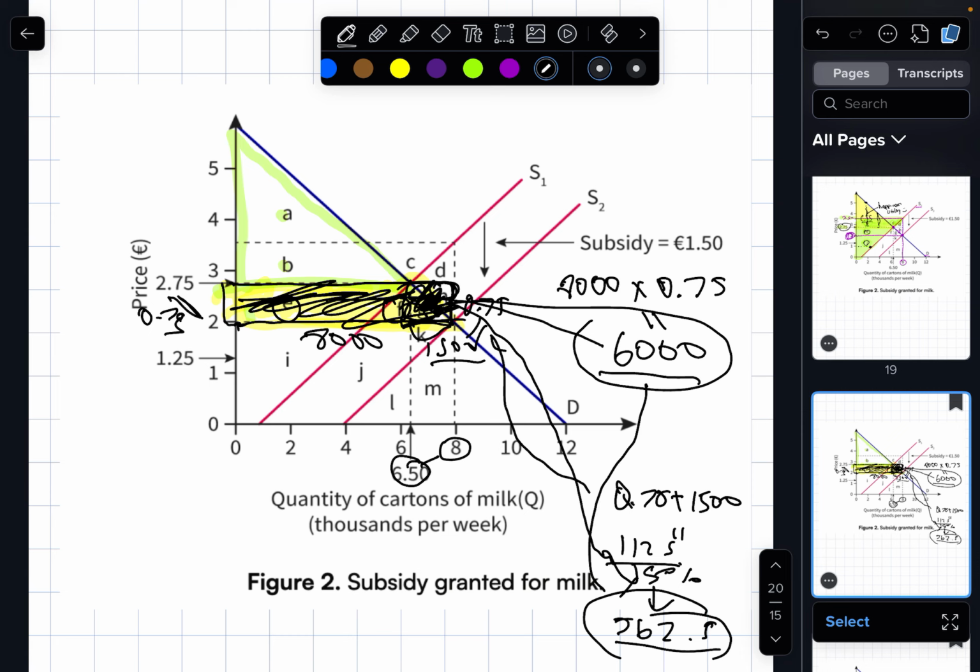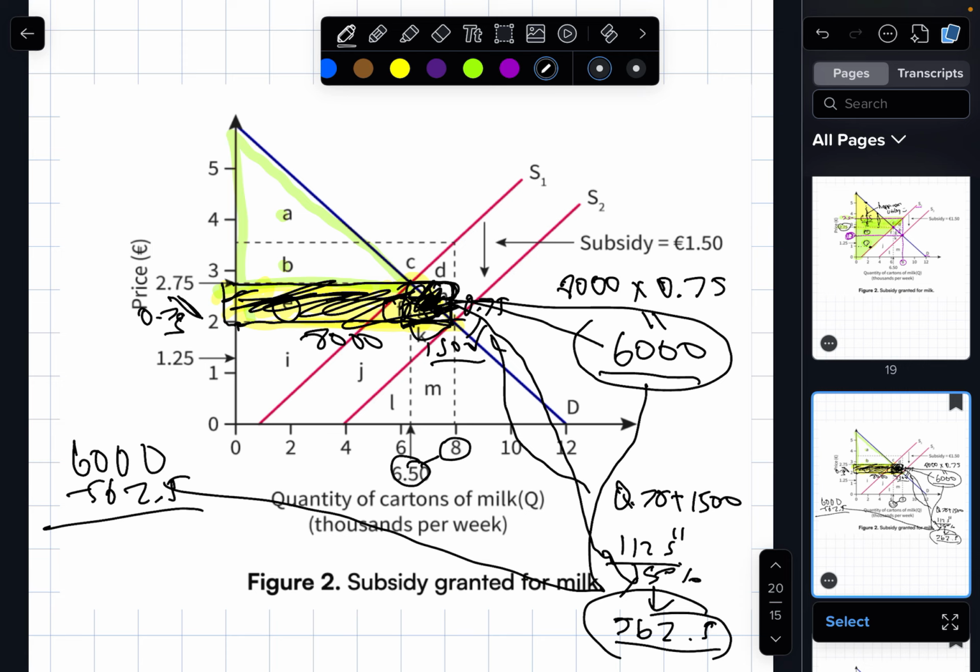So let's put these two together over here. 6,000 for this entire rectangle. We're going to subtract the 562.5 from it. I'm going to use a calculator to be safe, and that should come out to 5,437.